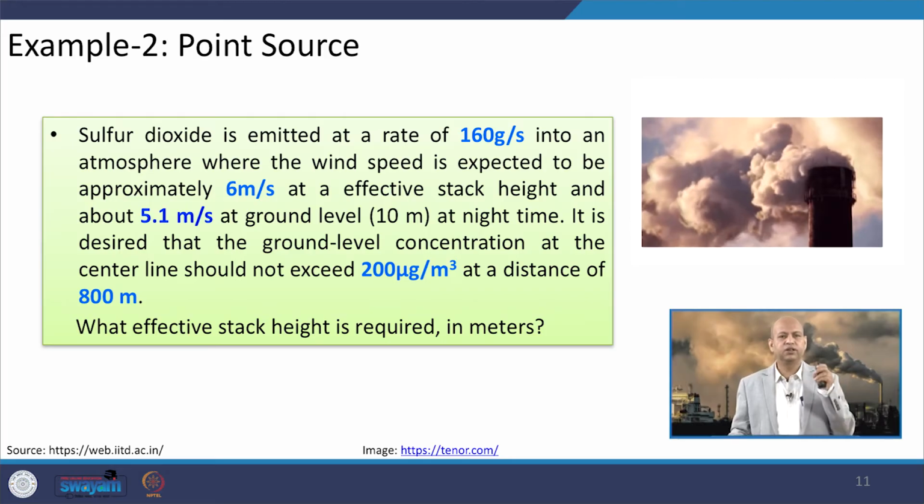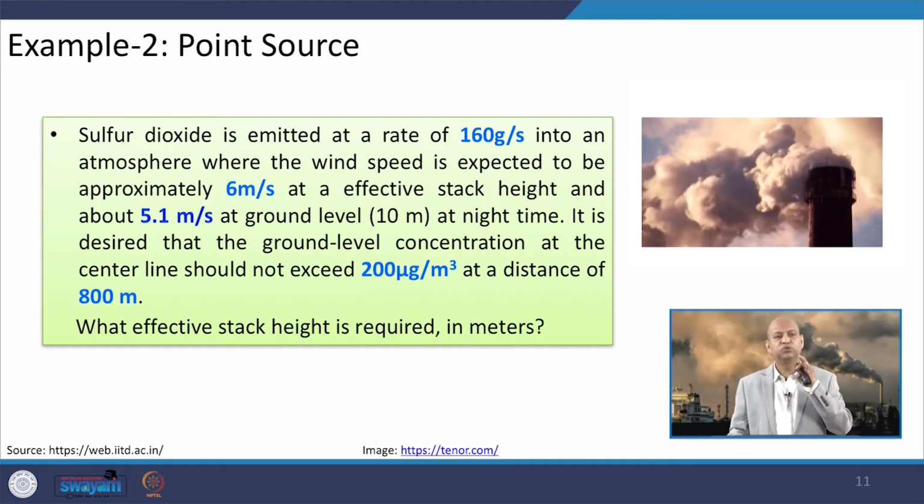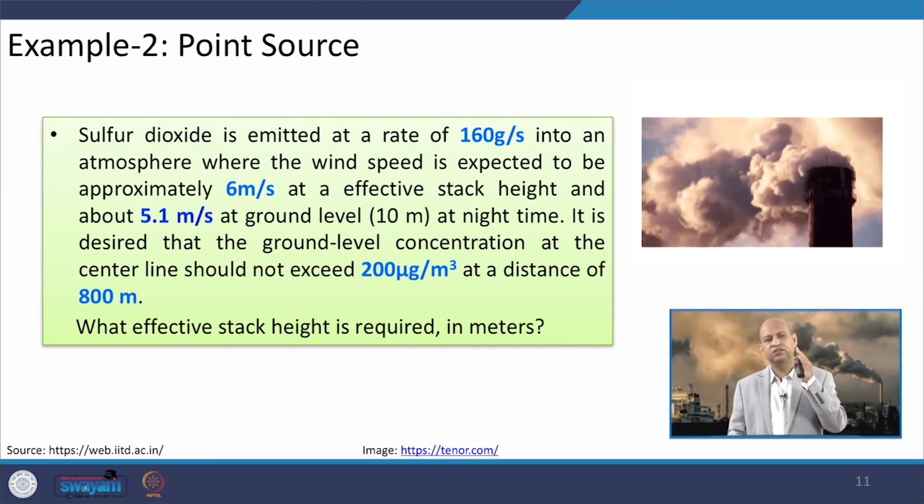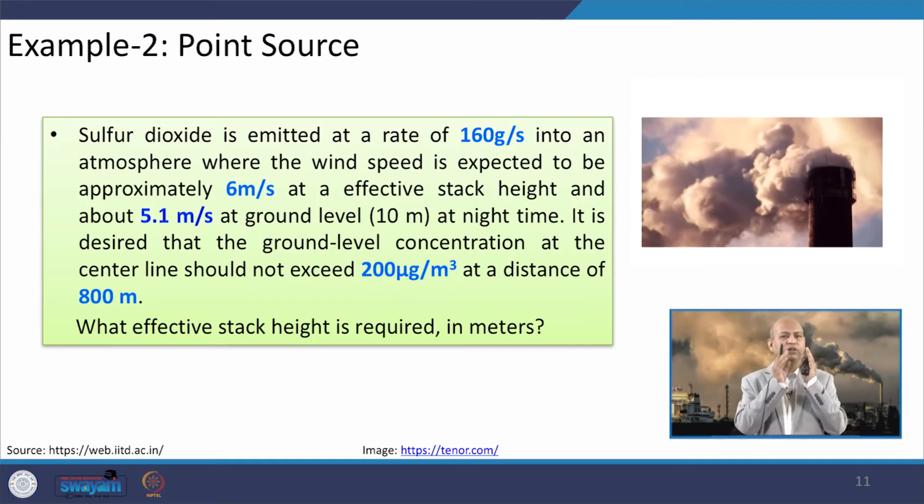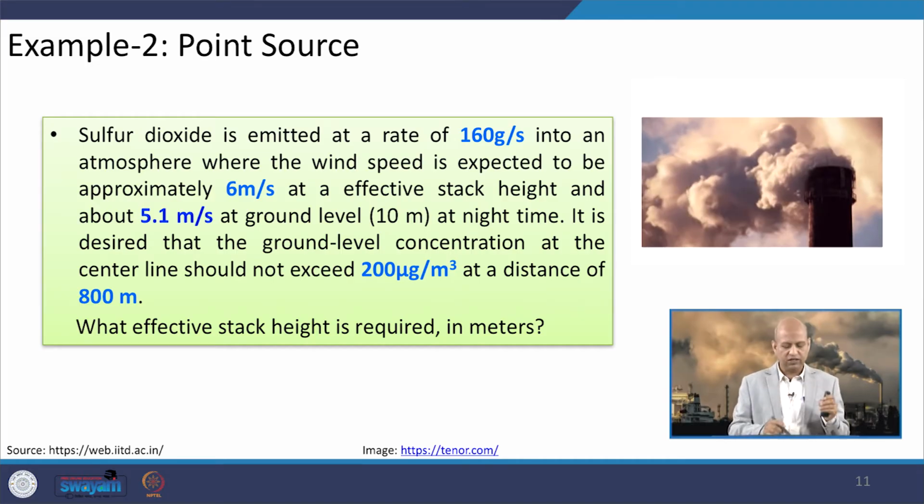It is desired that the ground level concentration at the center line should not exceed 200 microgram per cubic meter at a downwind distance of 800 meter. So, for x of 800 meter one value of the ground level concentration is given, and for that we have to estimate the effective stack height.